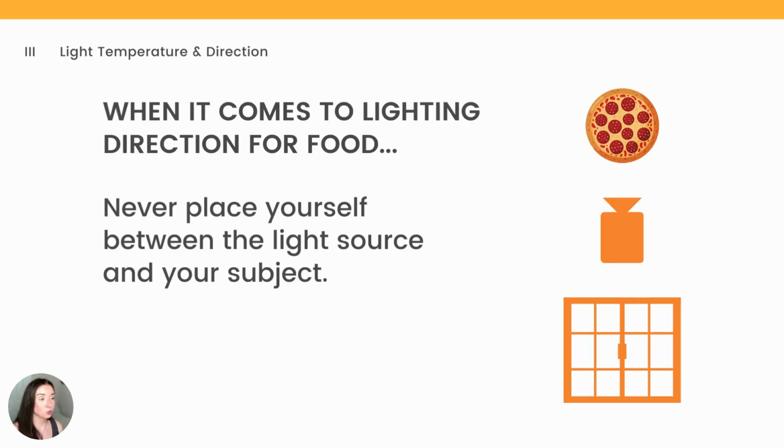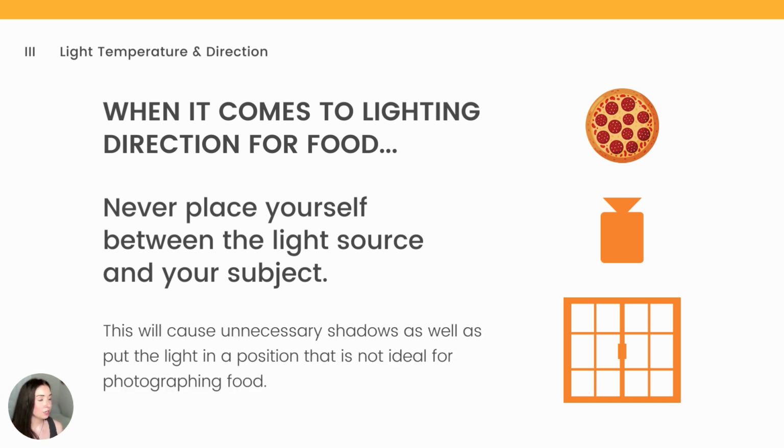And when it comes to lighting direction for food, you never want to place yourself between the light source and your subjects, because what's going to happen is it's going to create either a really distinct shadow of you on the food, but even if it doesn't create a shadow on the food, lighting your food from that direction is not at all ideal for accentuating the texture and accentuating the vibrancy and the different color variations in the food, which we talked about in the intro to lighting, that emphasizing those things is really important when it comes to showing off our food.